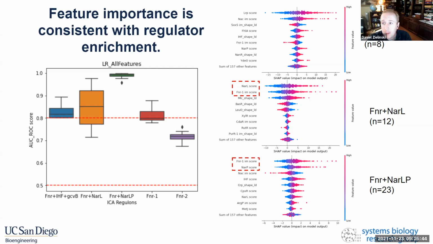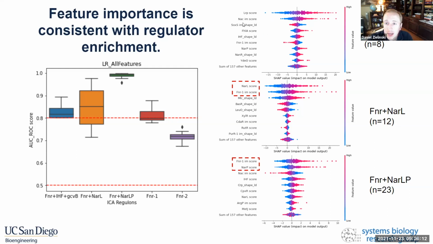So immediately what jumped out at us is this FNR plus IHF plus GCVB iModulon. You could see that IHF and FNR do show up, right? So that's good, that variables related to these regulators show up as important. That would suggest this model is at least somewhat correct or meaningful.